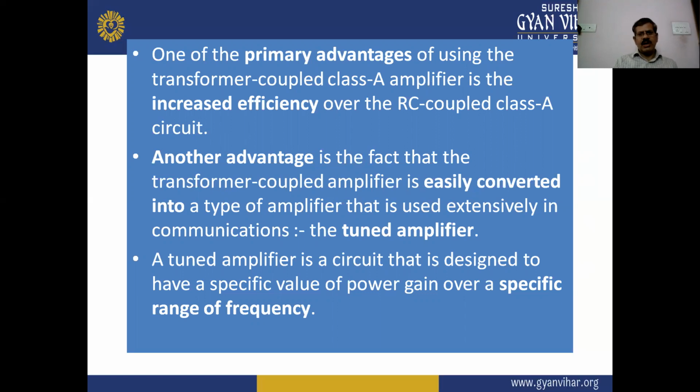A tuned amplifier is a circuit that is designed to have a specific value of power gain over a specific range of frequency. So this is the tuned amplifier circuit.